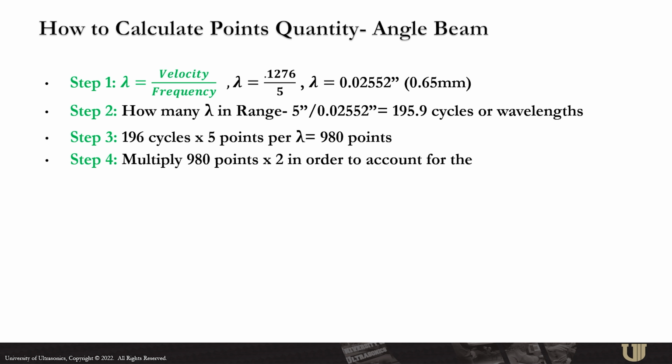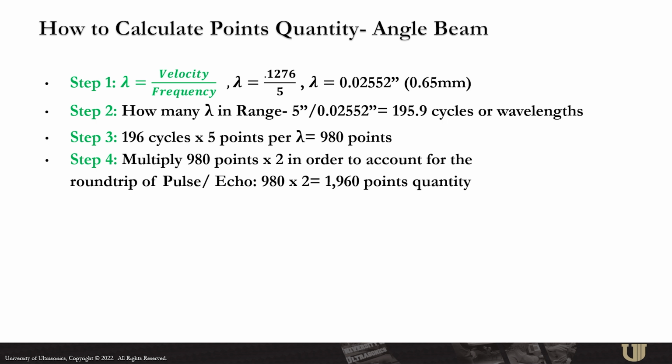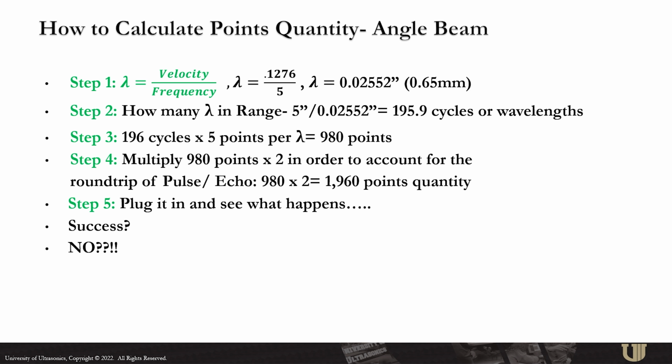And the reason I go out to so many decimal places is that the more decimal places, the more accuracy you get in your final answer. So how many wavelengths are in that range? Well, 5-inch range divided by that wavelength, and I'm going to get about 195.9 or 196 cycles in that range.